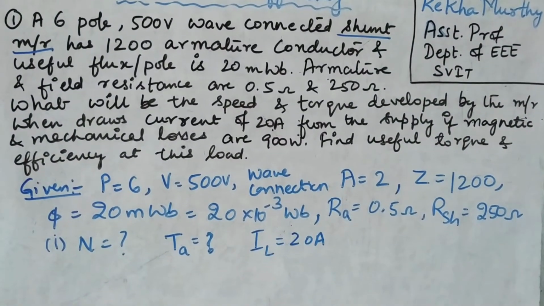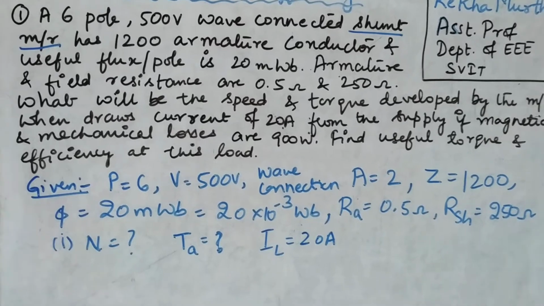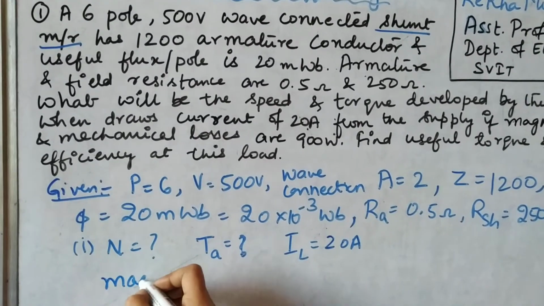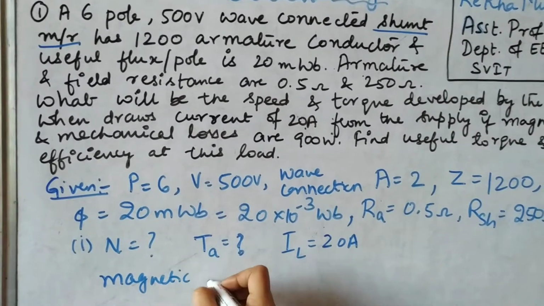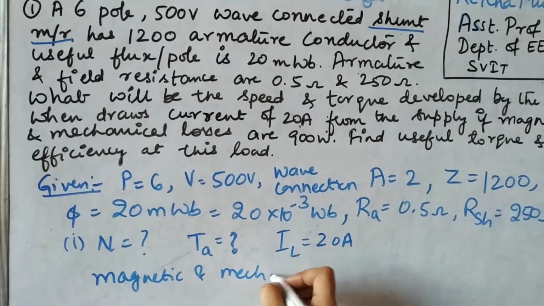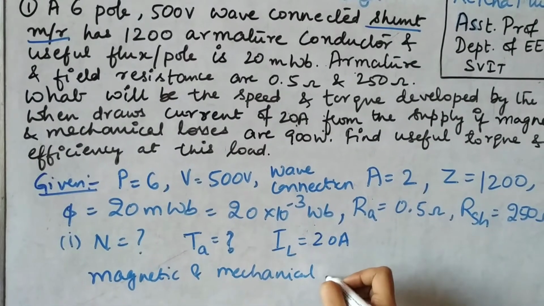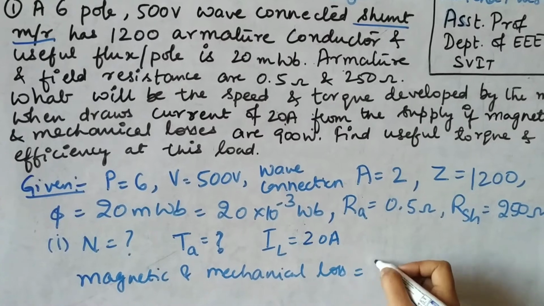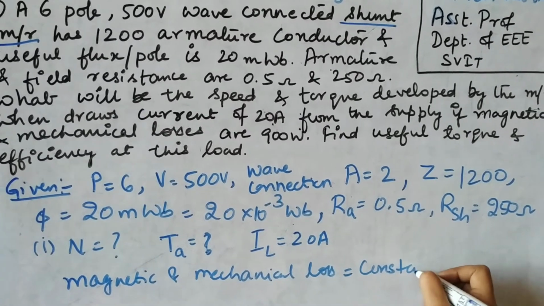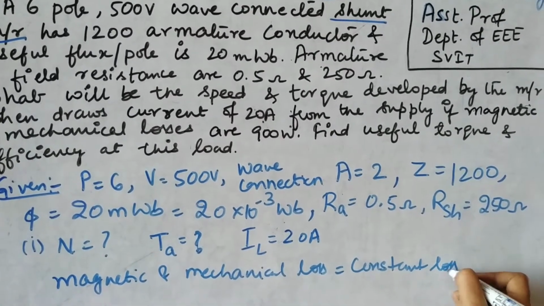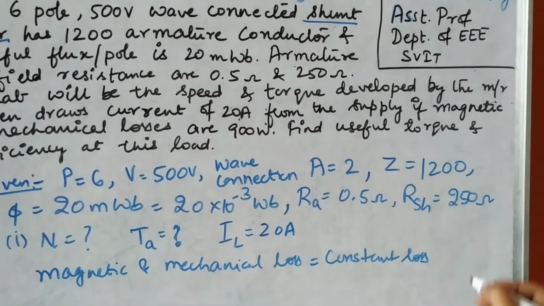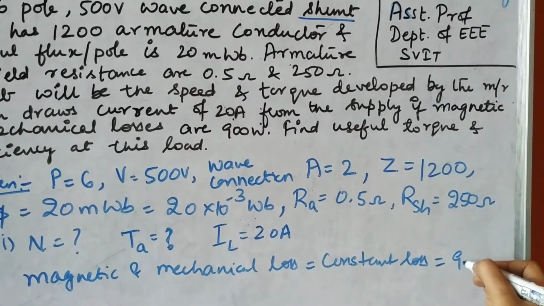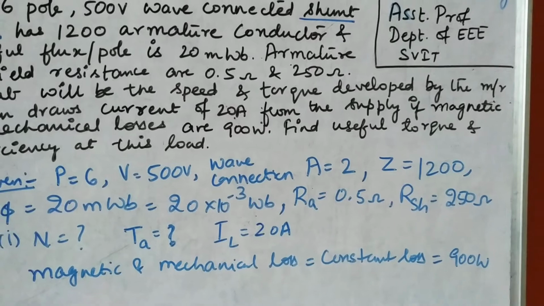The magnetic and mechanical losses are called the constant loss. This constant loss value is given as 900 watts.